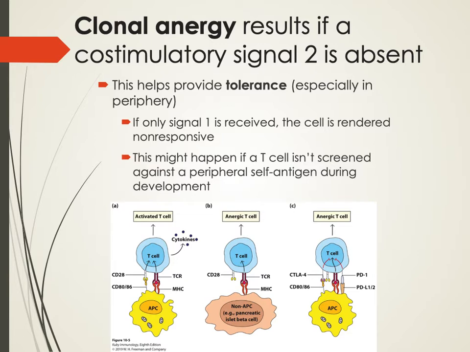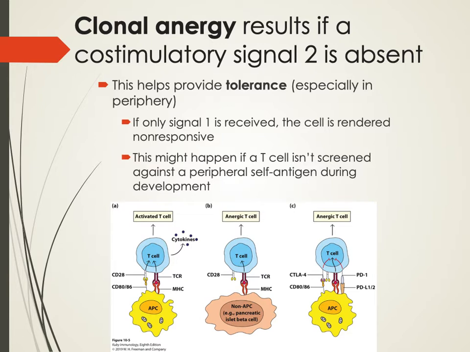So if only signal 1 is received, the cell would be non-responsive. And so we can see that in panel B there, where the cell doesn't have that co-stimulatory response. And so it would not actually be able to respond, because as you can see here, this is not an antigen presenting cell. This is a healthy tissue cell presenting. So we wouldn't want it to respond.